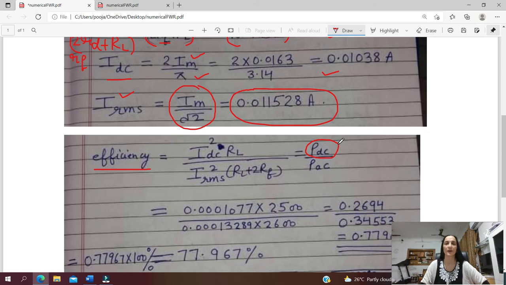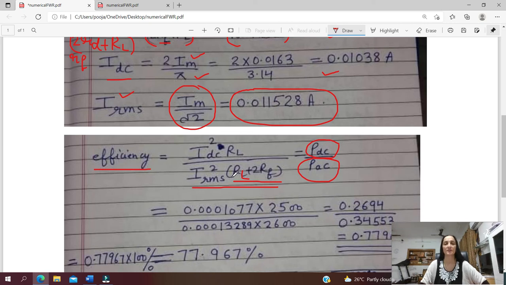Now about the rectification efficiency, it is equal to the output DC power delivered to the load divided by the total input AC power. As I just told you, the input AC power delivered as a heating effect is equal to IRMS square into the total resistance of the circuit, which is equal to RL plus twice RF. Here we are taking the diode forward resistances into account.